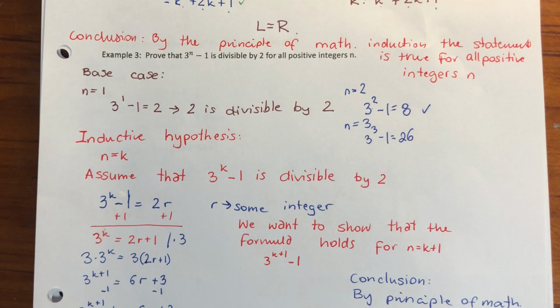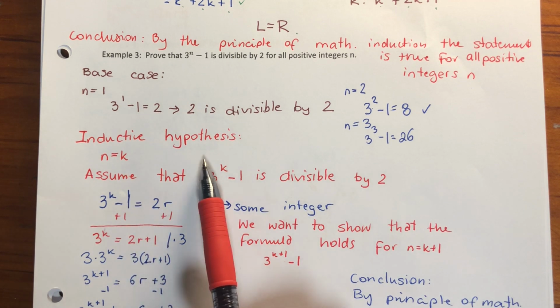I hope you can see the pattern, and I hope you can see that this is always going to be true. But if you want to prove something in mathematics, you need to show that every single number would work. So mathematical induction comes into place here, and we are going to write our inductive hypothesis.